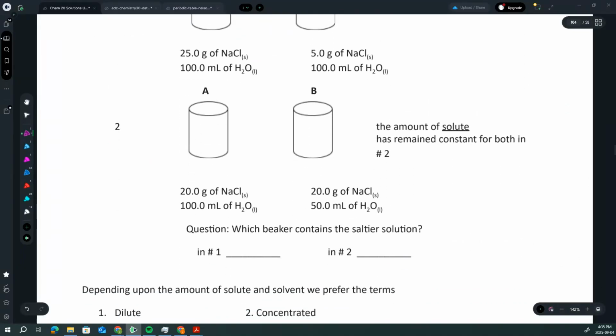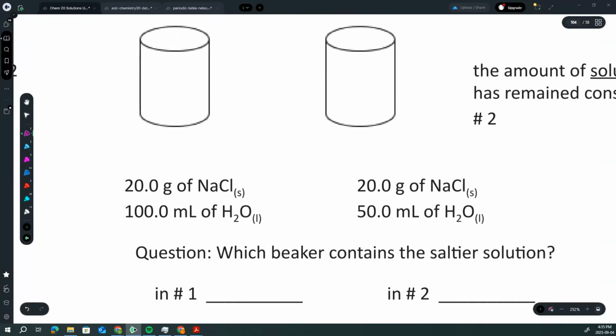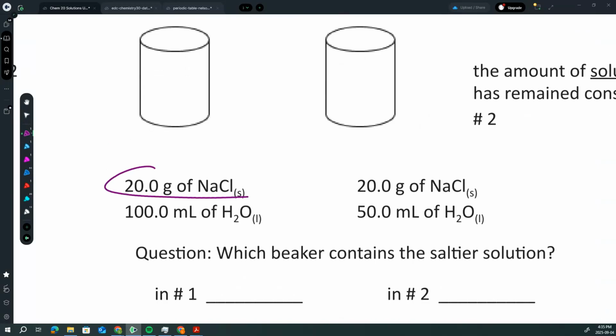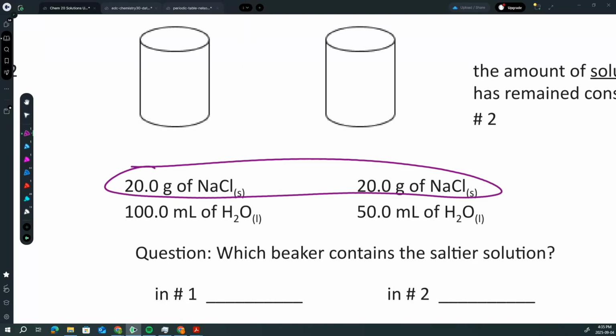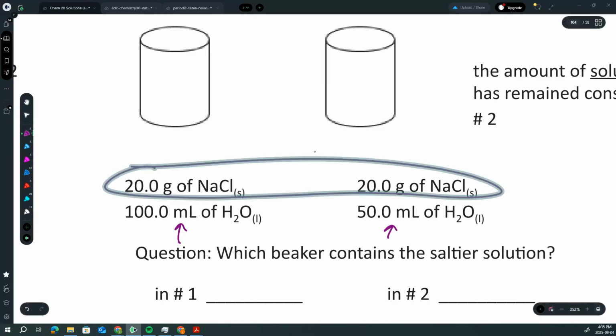Now, in the next scenario, looking at the two solutions here, we have the same amount of solute in both. However, where the difference comes in is in the volume of solvent.